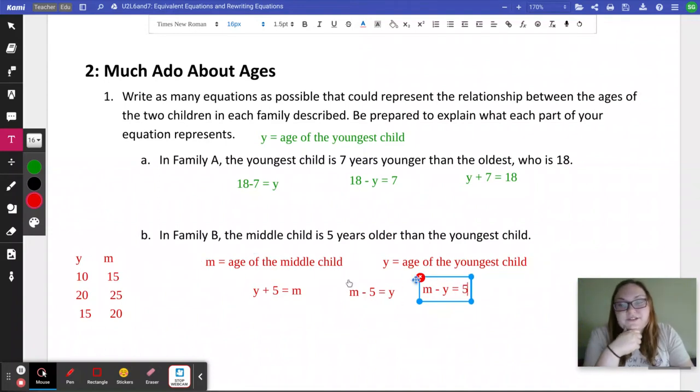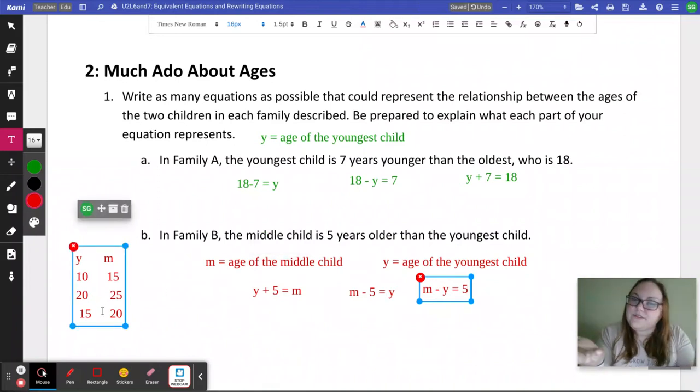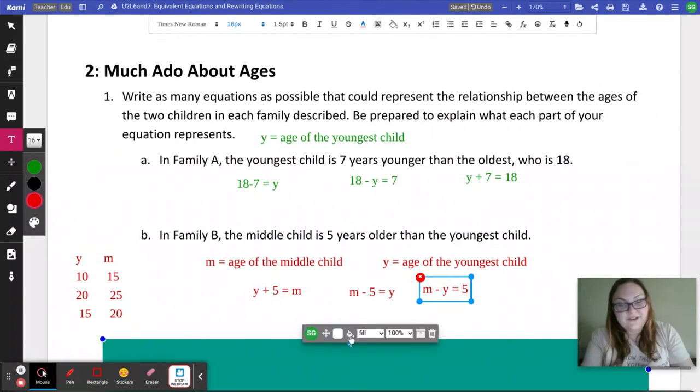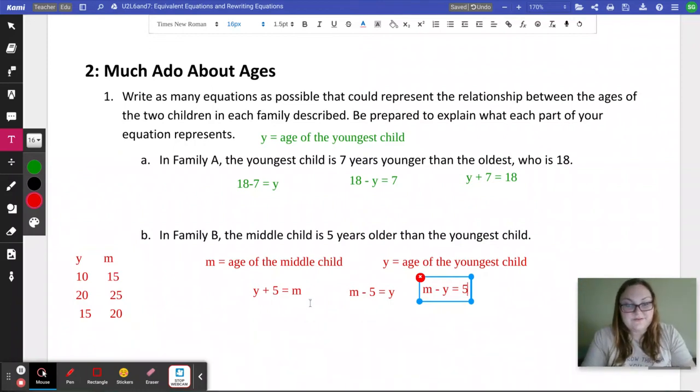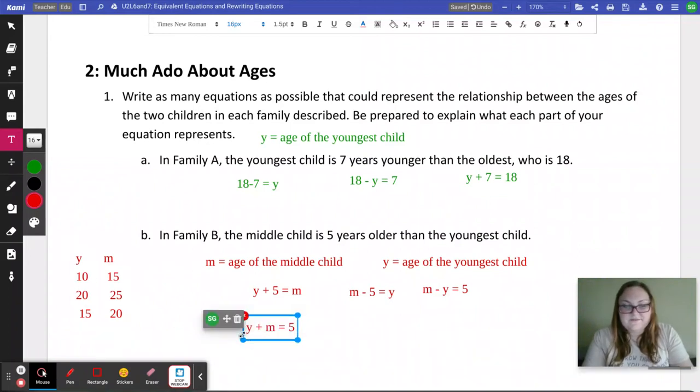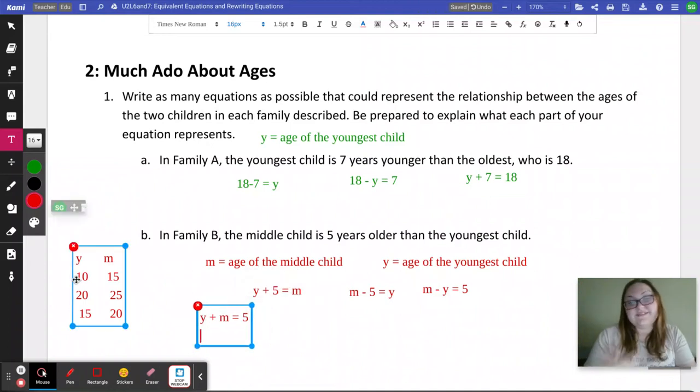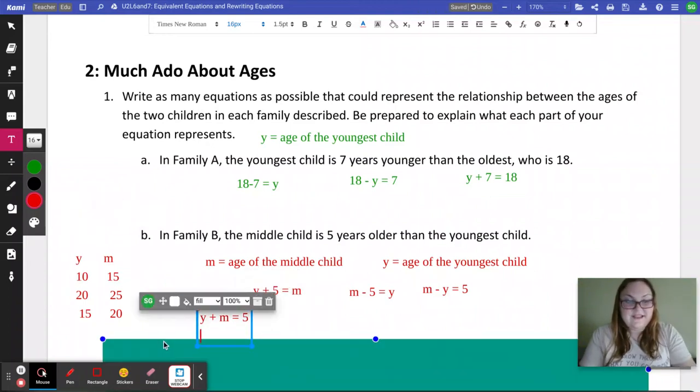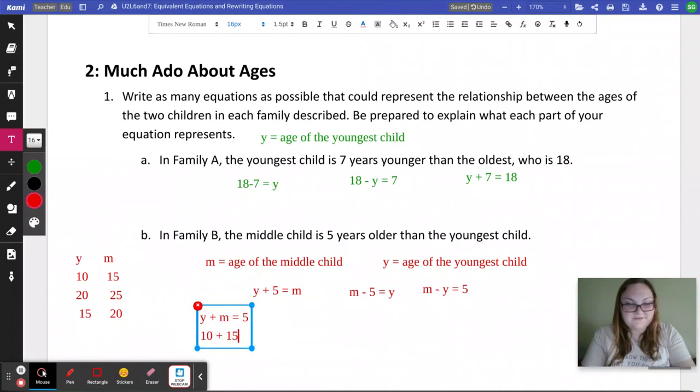For all of these equations we've written, I could pick any pair of numbers in this table of possible ages of the kids, put it into my equations, and see that it gives me a true equation. If I write an equation that doesn't correctly represent the situation, like my youngest child plus my middle child equals 5, and I substitute a pair of numbers for the possible ages, so for example, we said it's possible that the youngest child's 10, the middle child's 15, notice I'm not getting something that's true.